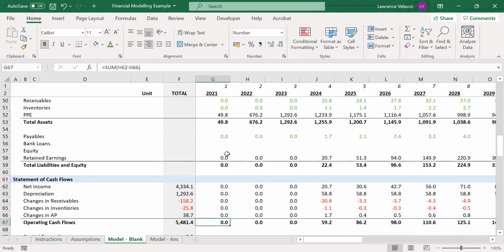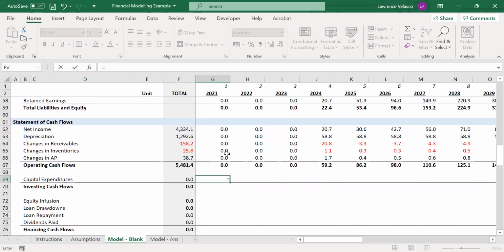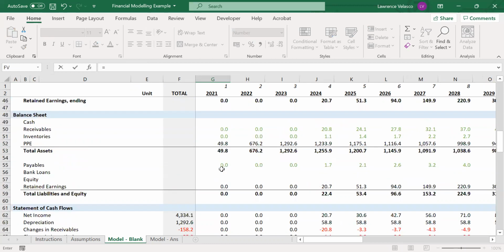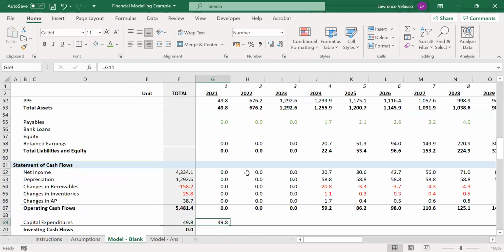Next, the next set of cash flows is capital expenditures or investing cash flows. Saan natin yan i-connect? Eh, di dun sa pinakataas. We already provided here the total capex disbursement, right? And it is a cash outflow, so negative yan dapat.